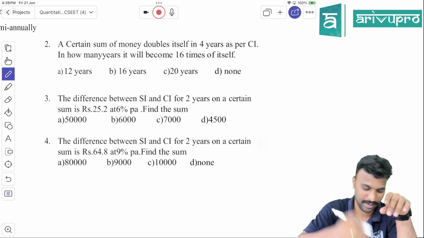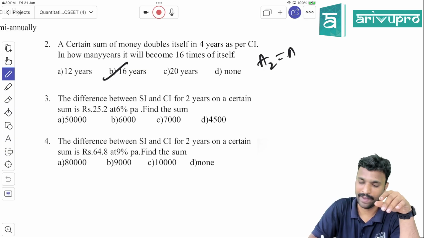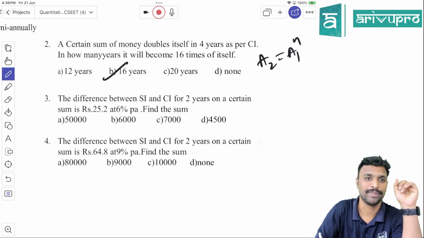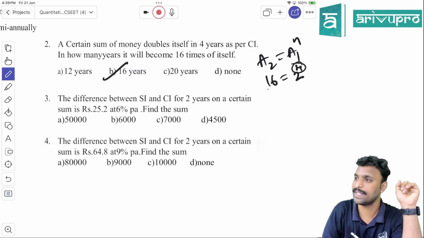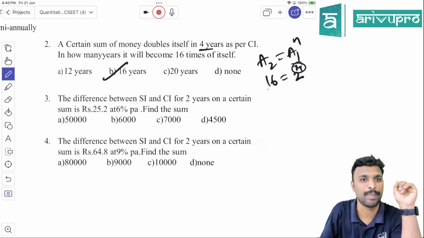Answer. A2 is A1 power n. What is A2? 16. What is A1? 2. 2 power what is 16? 4. So n is 4. Multiply this 4 with what? Given number of years. 4 fours are 16.